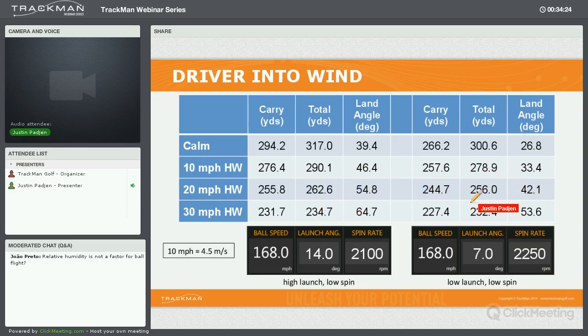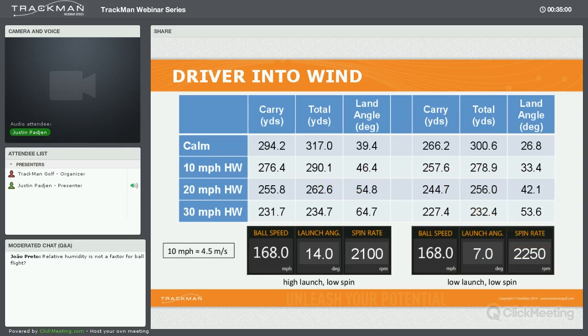We go to a 30-mile-an-hour wind, now they're almost the same. So it has to be a pretty strong wind in order to, theoretically, change that launch condition. And here, again, we're looking at low launch and low spin. This is the best case scenario when you're hitting into that headwind, if you are going to change things. You wouldn't want to go low launch and high spin. That's why I picked this shot, because it's the best case scenario. Again, it has to be a pretty strong headwind before you start seeing that break even point.